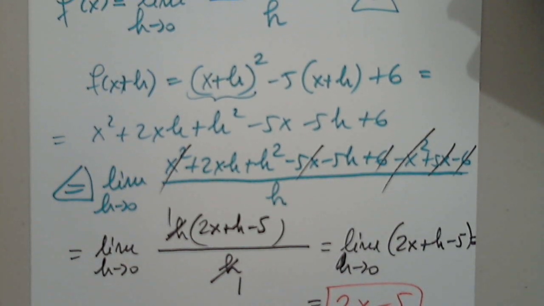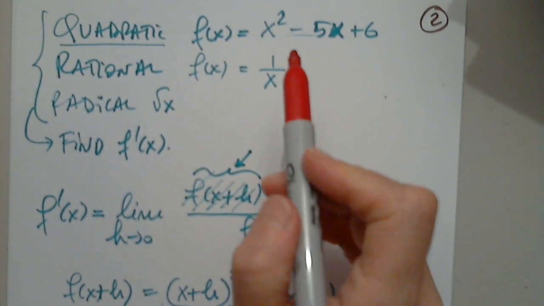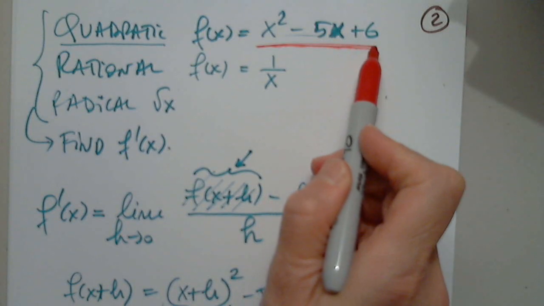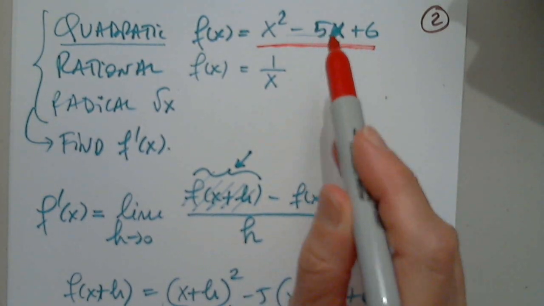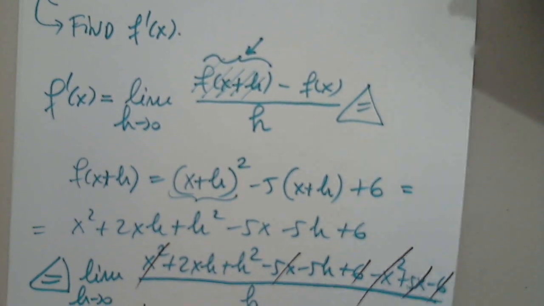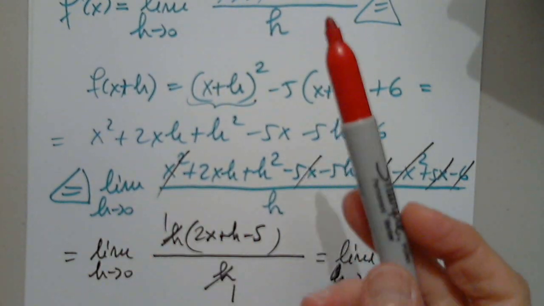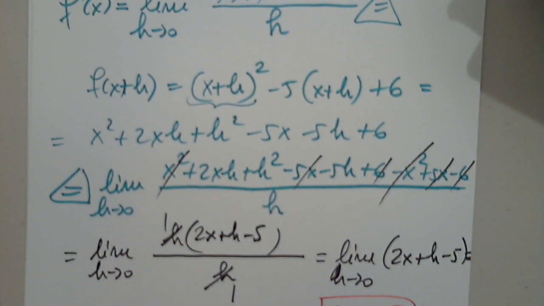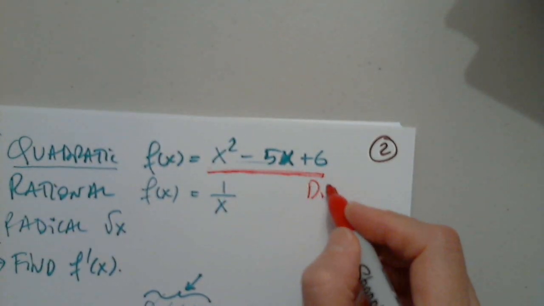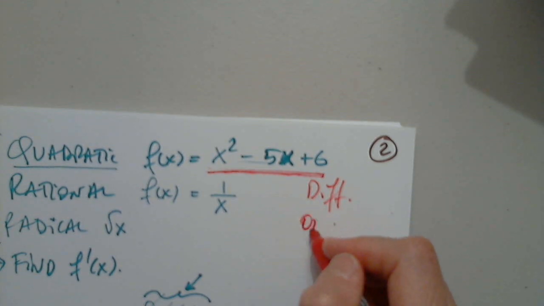So this function gives the slope of the tangent line or the instantaneous rate of change of this function everywhere. I normally have to say everywhere where the function is differentiable, but this is a polynomial function which is differentiable everywhere.